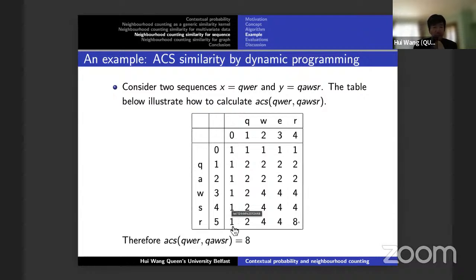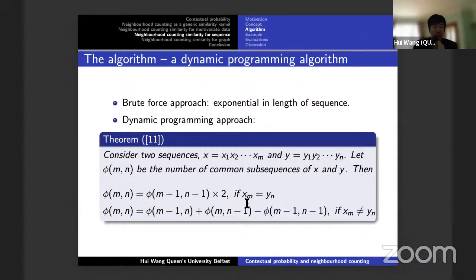That is the default value. The remaining entries are calculated according to two conditions. If the corresponding symbols are equal, we simply double the previous entry to give the value for the new entry. But if the two symbols are not equal, then we calculate the value for this entry in this way.